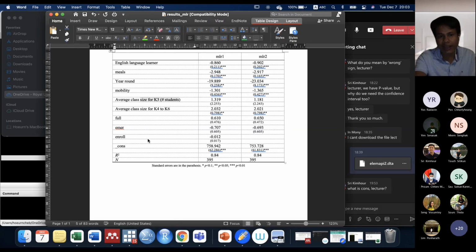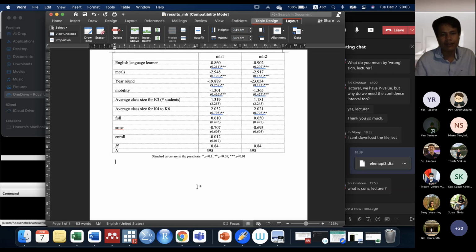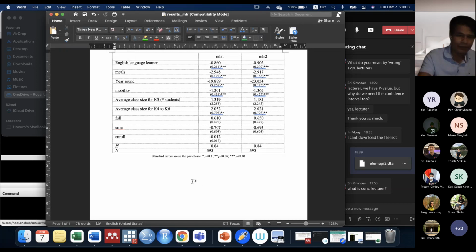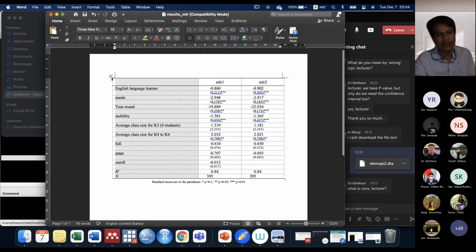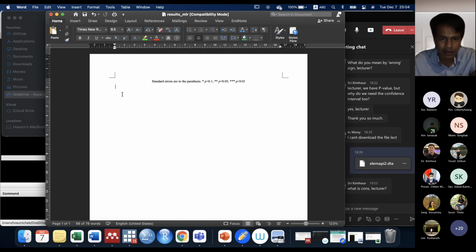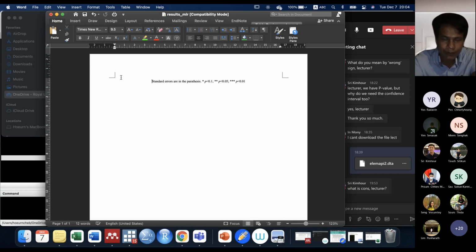Normally, when I do it, I don't report the constant. It is not important. So I delete it. I mean myself, I delete it. I only keep the variables, R and N, right. And then give the caption. What is that? I would say something like this.